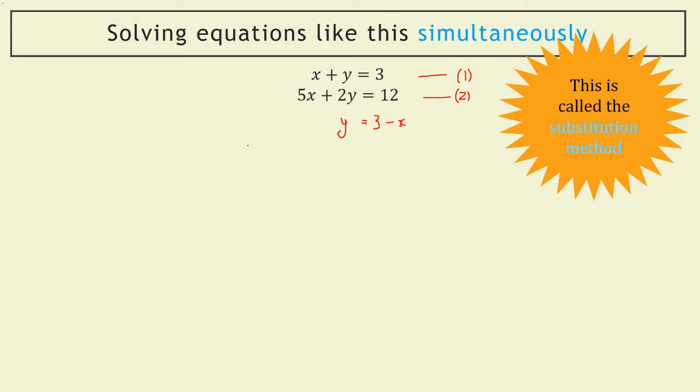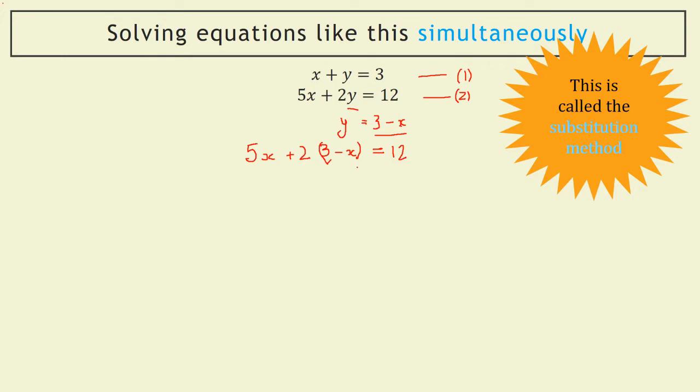So my next line says, do 5x, that's fine, we're not going to touch that at all, but where we had y, we're going to substitute, and instead of writing y, we're going to write what we worked out y is equal to on the line above. Okay? So all I've done is where I had y, I've written my expression for y. You see that's all that's happened?